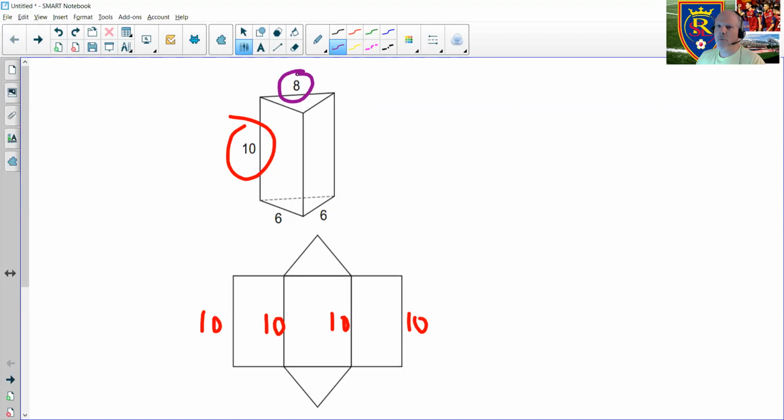So that means that we'll put an 8 right here and another one right there. The remaining sides will be the two sides that are 6 units long. So that will go here, here, here, and here. So that's how you are supposed to complete these questions with the three-dimensional shapes.